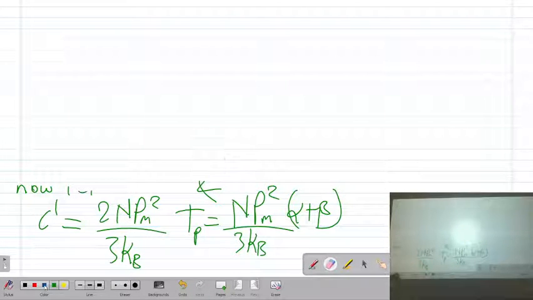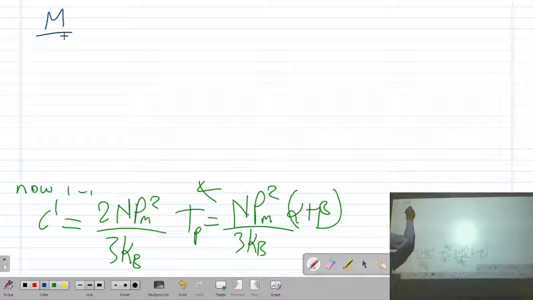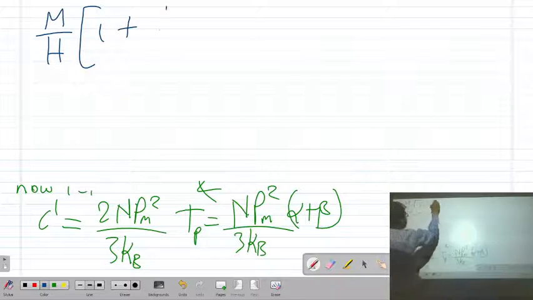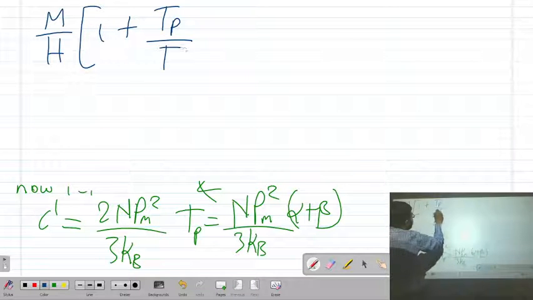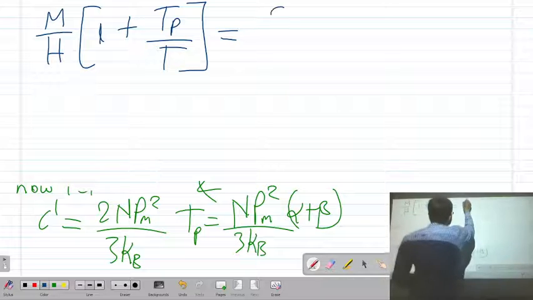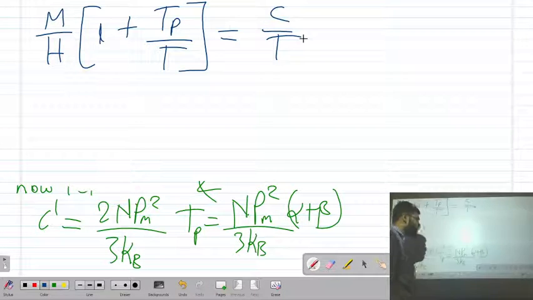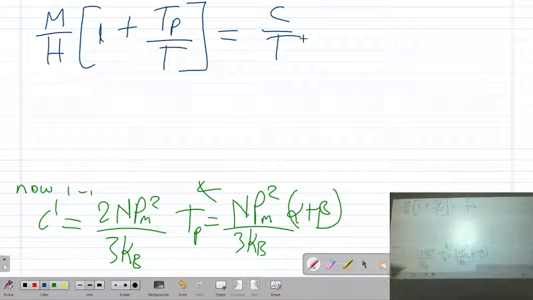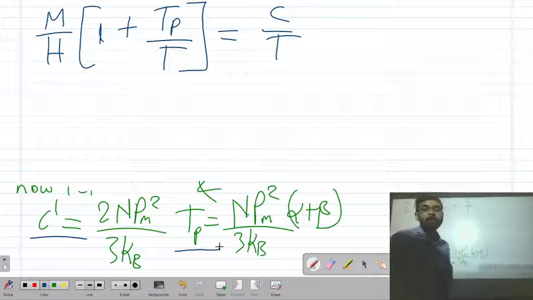Now, moving ahead, I will have M by H into 1 plus Tp by T is equals to C by T. This is what we will get after substituting C dash and Tp in the previous equation.